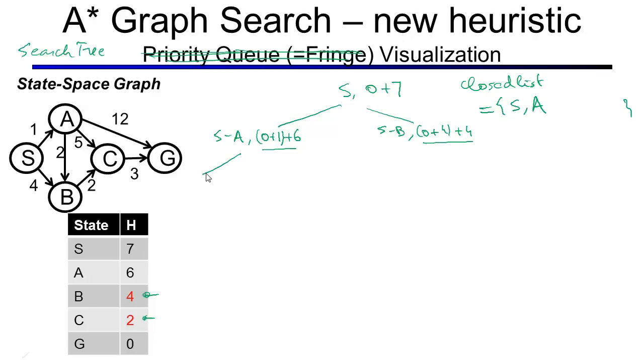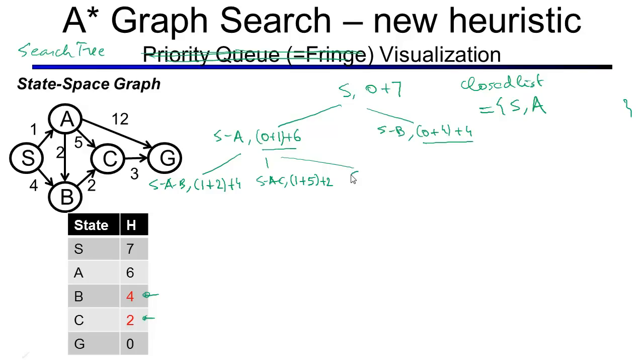A has 3 successors, B, C, and G. So we have SAB with an F cost consisting of G and H. G is 1 from the parent plus 2 from the transition, plus the heuristic value at B, which is 4. Then for SAC, we have an F cost of 1 from the G cost of the parent plus 5 from the transition AC, and then we add the heuristic value at C, which is 2.